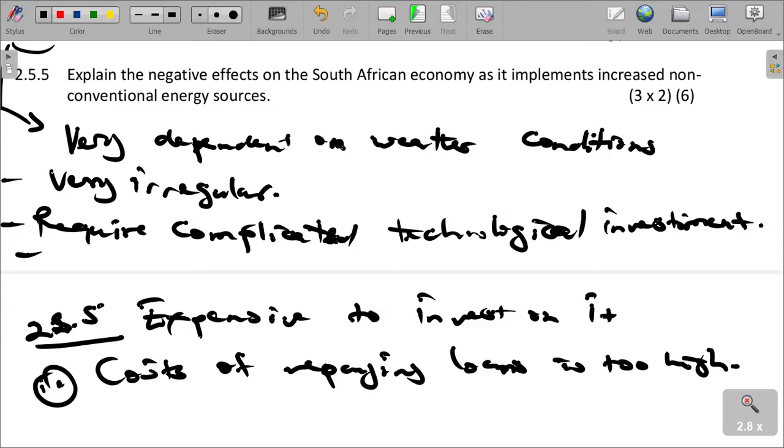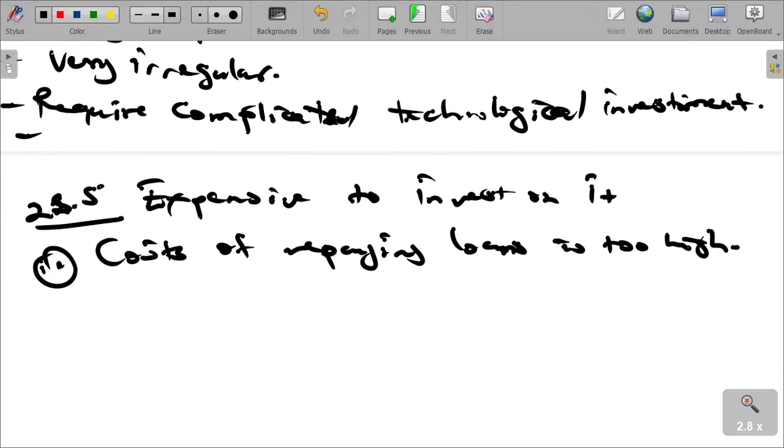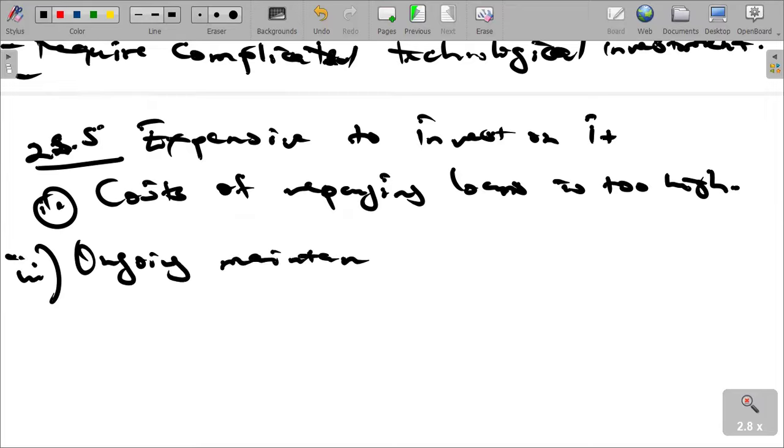Ongoing maintenance and updates to keep up with advancement and ensure efficiency is expensive.